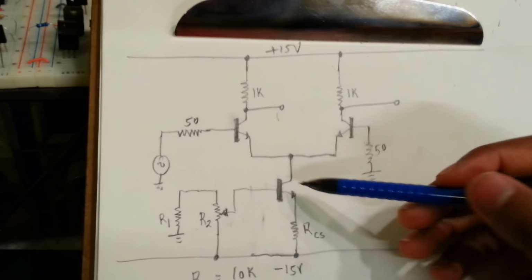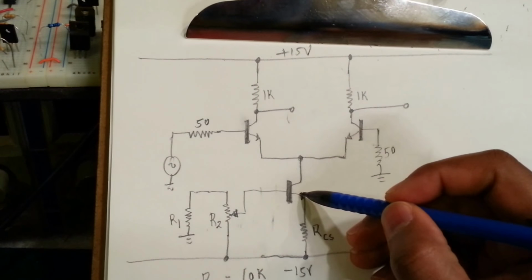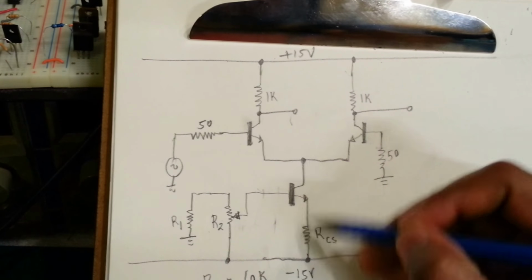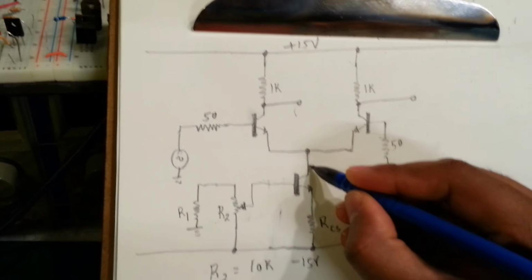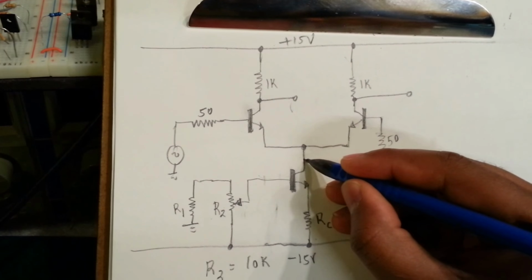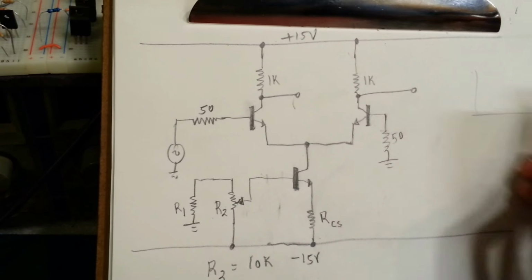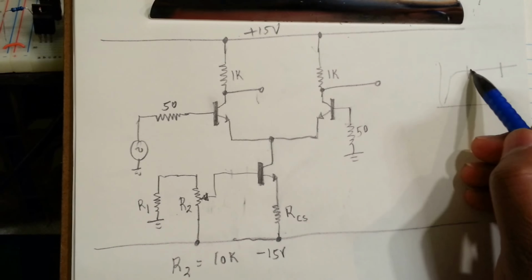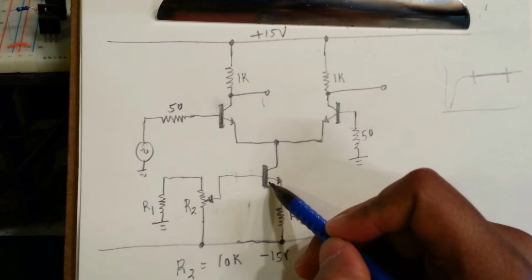Remember, in order for this current source to operate as a current source, we have to make sure that we don't saturate this transistor, so that we have a good relationship between base current and emitter current and collector current, which is basically between base current and collector current being beta, and between emitter current and collector current being alpha. So in order to maintain the linearity, we need to operate in this part of the transistor curve, basically in the active region. We have to make sure this transistor doesn't go into saturation.